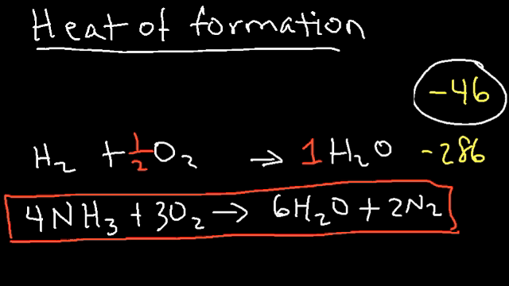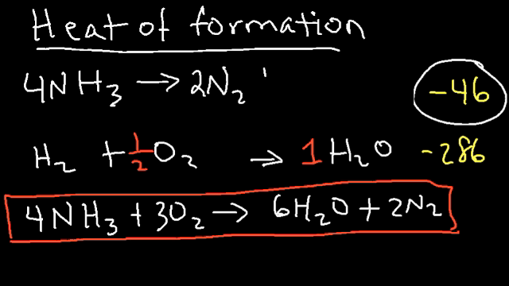So we're going to have 4 NH3, and we had 1/2 N2. 1/2 times 4 is 2. So it's going to be 2N2. And then we had 3/2 H2. 3/2 times 4, 4 times 3 is 12, divided by 2 is 6. So it's going to be 6H2.